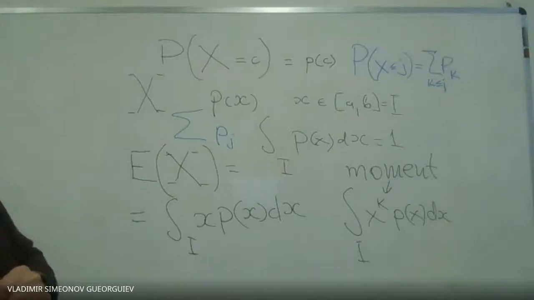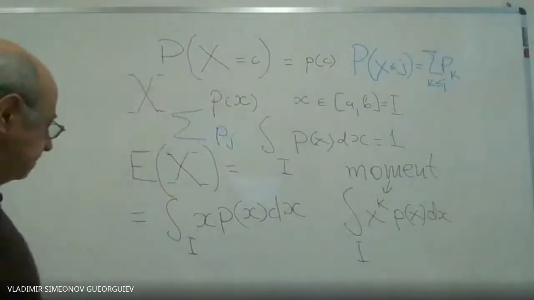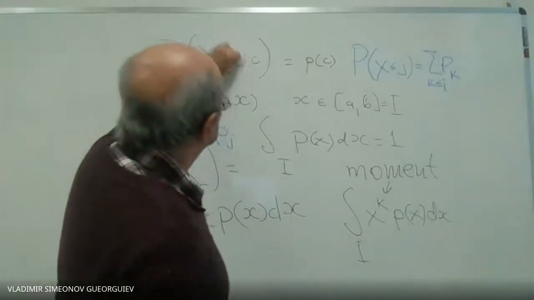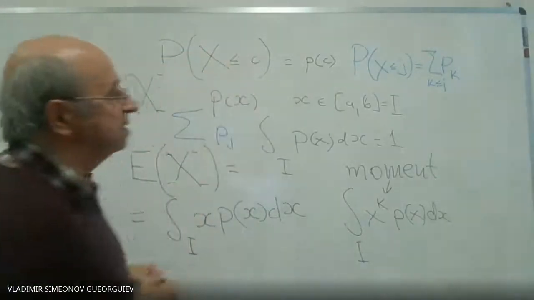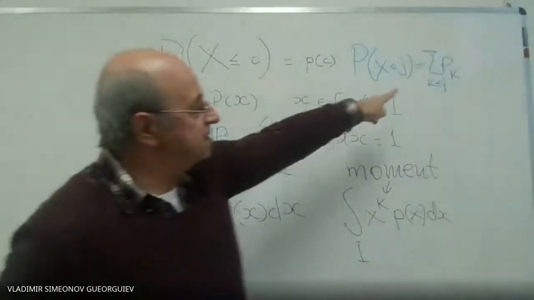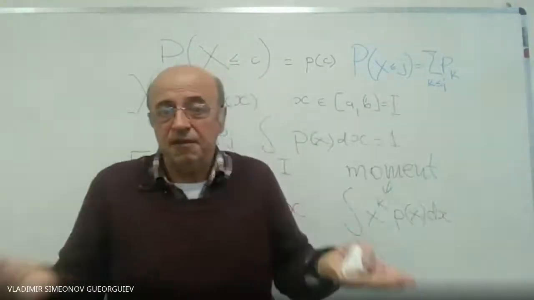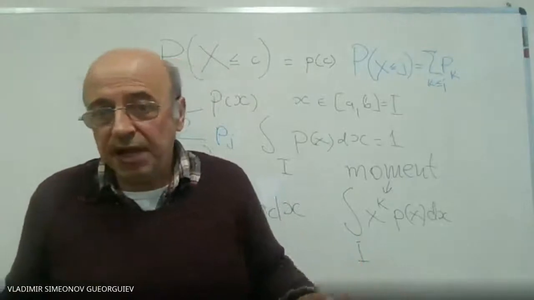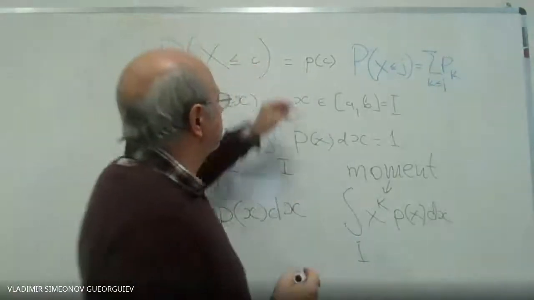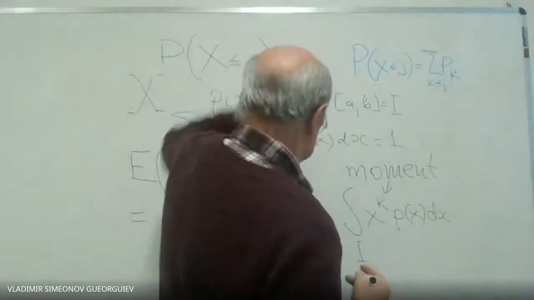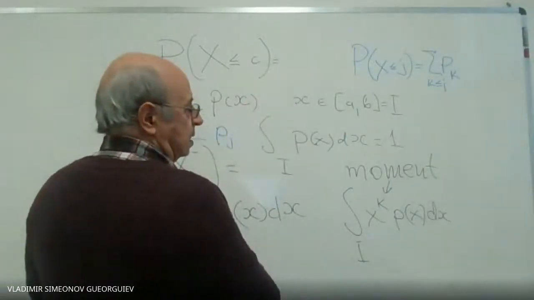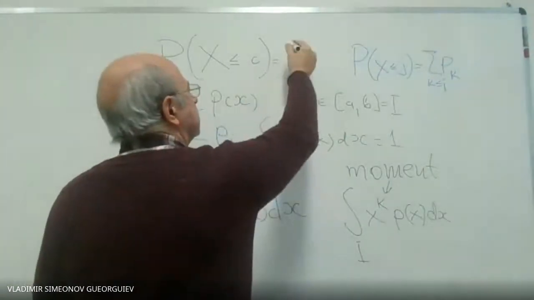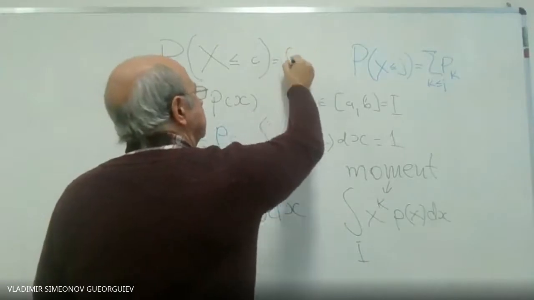Therefore, if I have here smaller or equal than C, instead of writing the sum, what do I have to write? I have to write an integral. Therefore, we shall put here for our continuous case an integral.